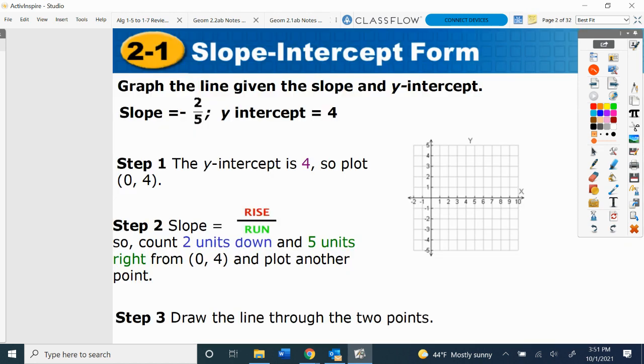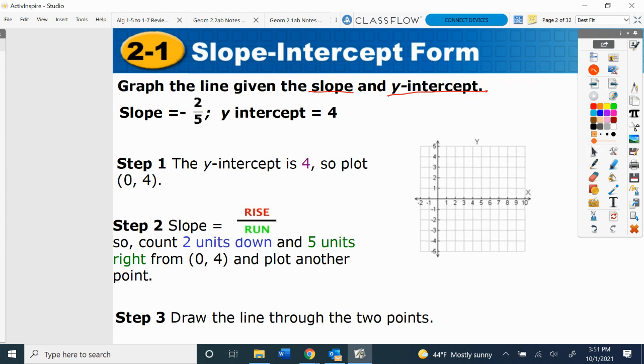Okay, so the first thing, we can graph a line if we know some pieces of information about the line. If we know what the slope is and what the y-intercept is, then we can go about and graph that line. First of all, our slope, we already figured that out. That is how steep a line is.